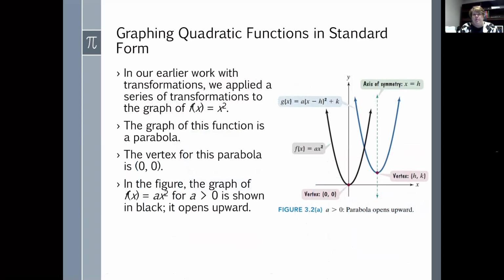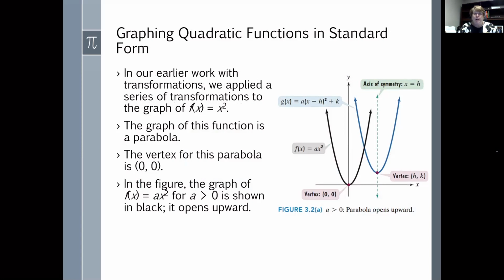In Section 2.5, we looked at the 7 standard functions. And one of our standard functions was the standard quadratic function, f of x equals x squared. And we did various things to transform that function. We shifted it left and right.